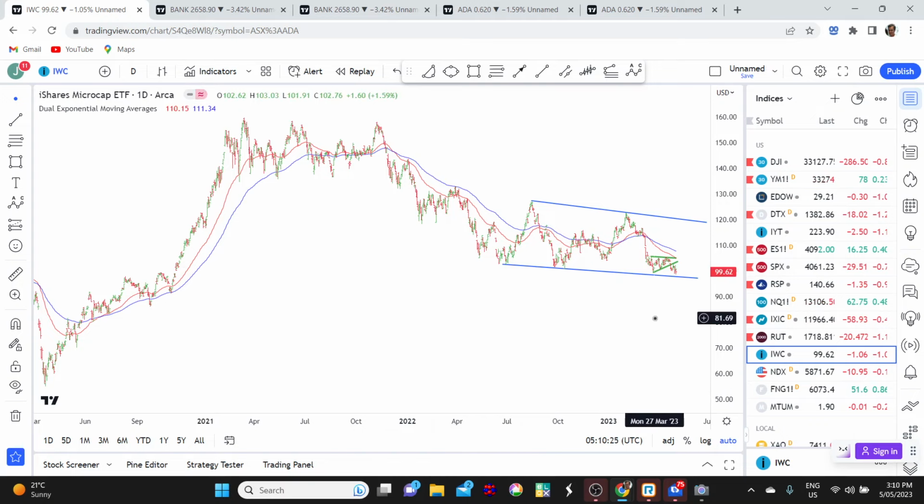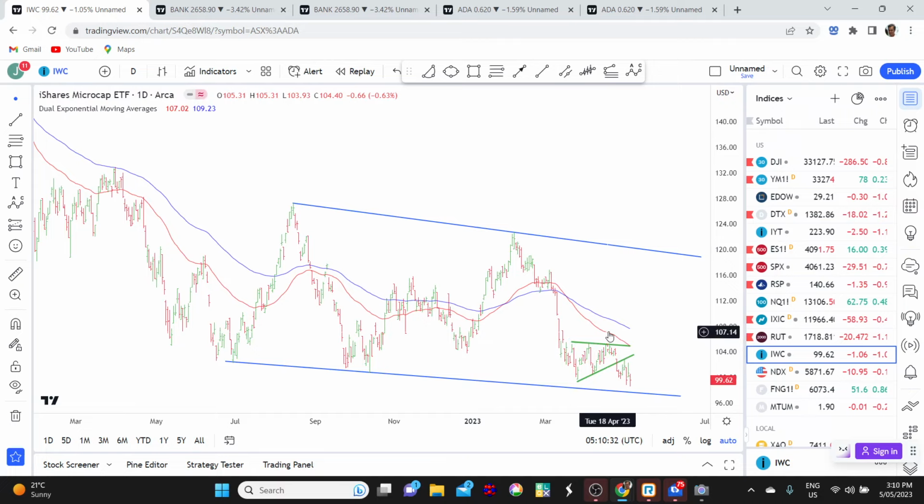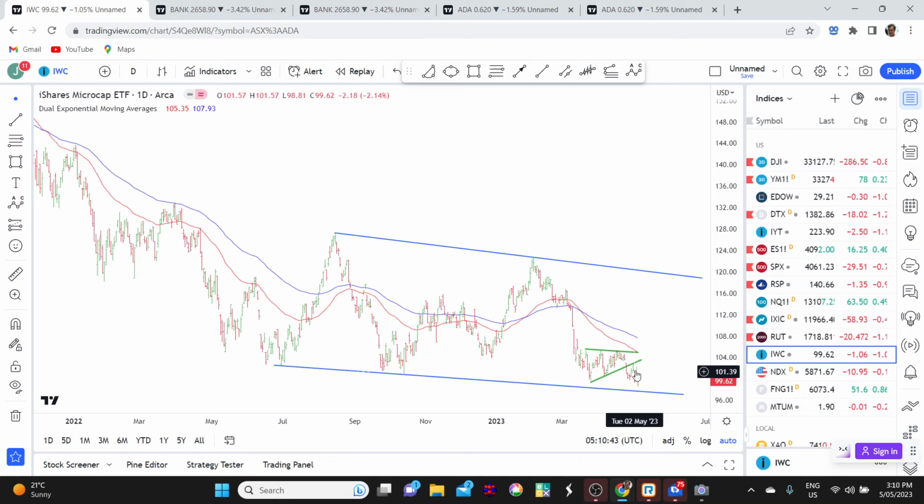And what's going to be interesting here is they're in a vulnerable position. This ETF, the micro caps, has been sitting below the 50 and 100-day moving averages for several weeks now. So that puts it in a vulnerable position.